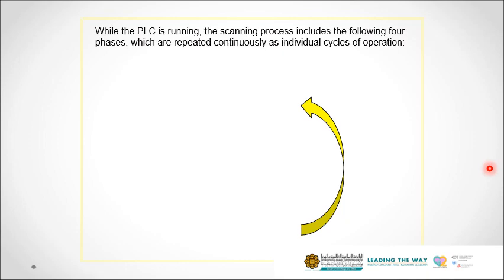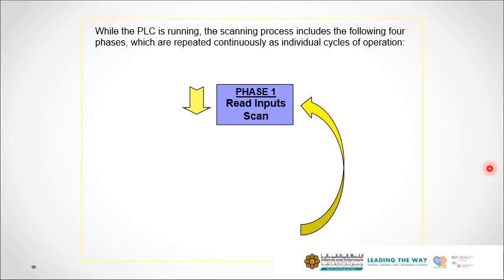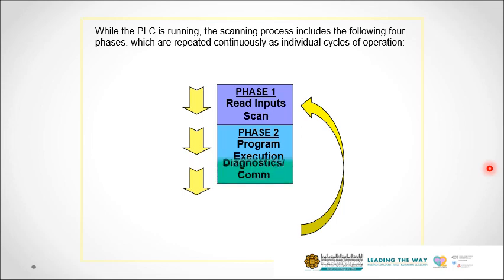Okay, now this is very important, which is the cycle of operation of any PLC system. When the PLC is running, the first thing that it will do is read all the input. It will just scan all the input, first step. Second, it will do some program execution, which means whatever ladder diagram you have. Based on the inputs, it will do the program execution, and do some diagnostics and communication within the individual components of the system.